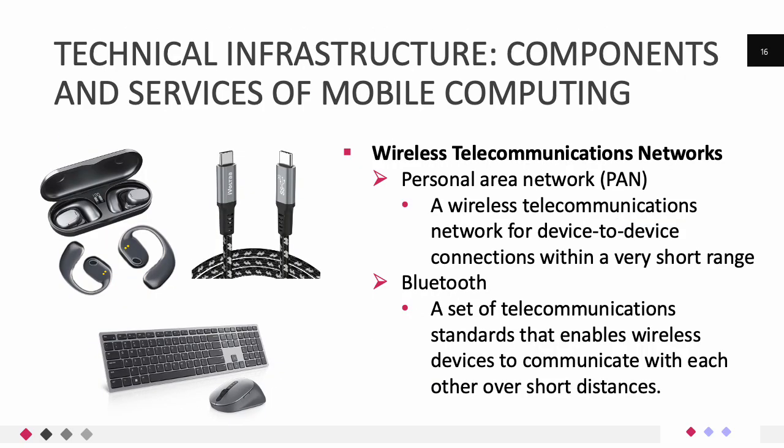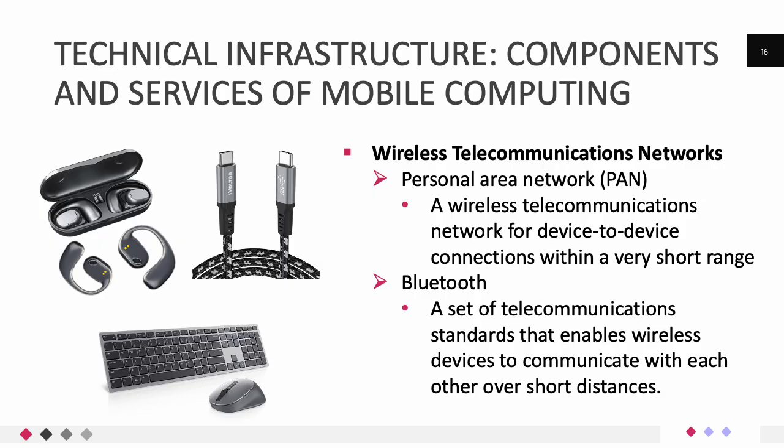Okay, now let's talk about how your devices talk to each other wirelessly. First, imagine the personal area network as your own tiny invisible bubble of connectivity. It's like a mini network just for your gadgets when they are super close to you.